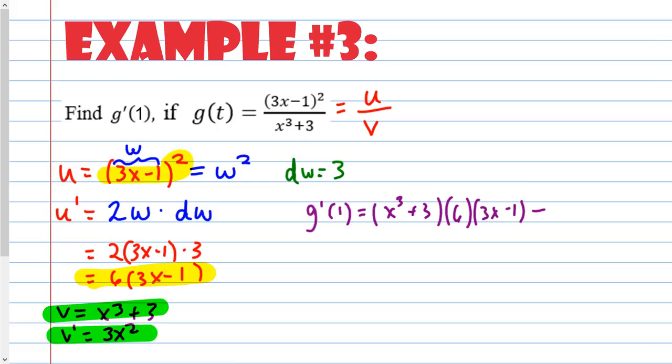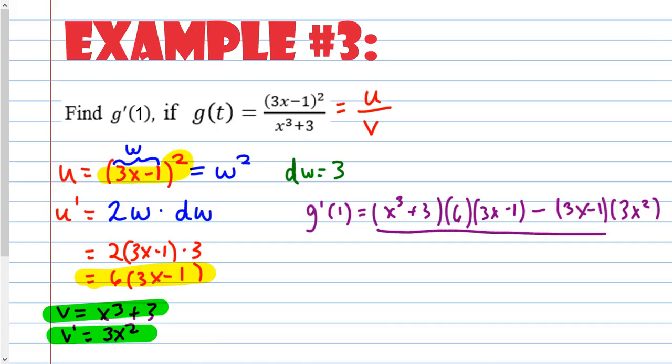So minus now, U, let's see, what was U? U was 3x minus 1 times V prime. So it's just 3x squared. And voila, I had space. Miracle. So that's the top part of my quotient rule.